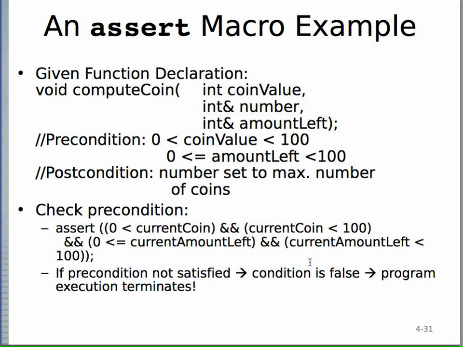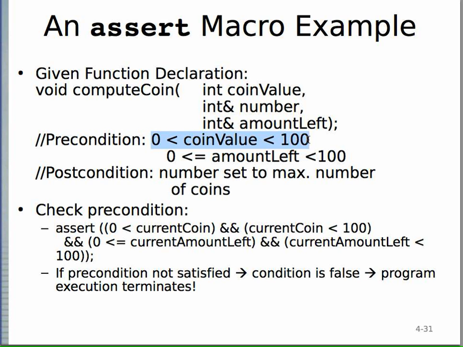Okay, so here's a simple example. In this case, you have a function with 3 ints. The first one is passed by value. The other 2 are passed by reference. The precondition is that the coin value... once again, I just want to quickly say that in CSIS 235, we wanted real Boolean statements here, so this would not be a Boolean statement, and you'd have to fix it up to meet the standards of the CSIS 235 preconditions.